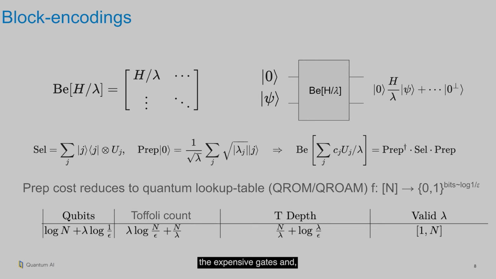Toffoli gates are the expensive gates in a quantum error corrected model. Everything else is considered cheap. So it's good to minimize the Toffoli count. If you use additional ancilla qubits to assist this state preparation, you can reduce the Toffoli count by a linear factor. So multiply the ancilla qubits by a factor lambda, and the Toffoli count goes down by a factor lambda. This is something that we will use quite extensively. It's good to know about.